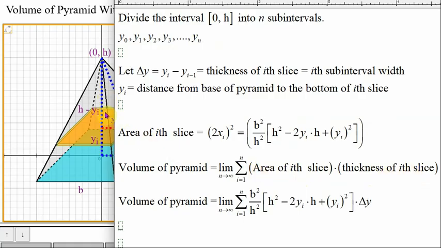And if we have an infinite number of slices, the sum of the volumes of an infinite number of slices is the volume of the pyramid. We would write it like this. Here's the area of the ith slice, here's the thickness of the ith slice, and here we have an infinite number of slices.